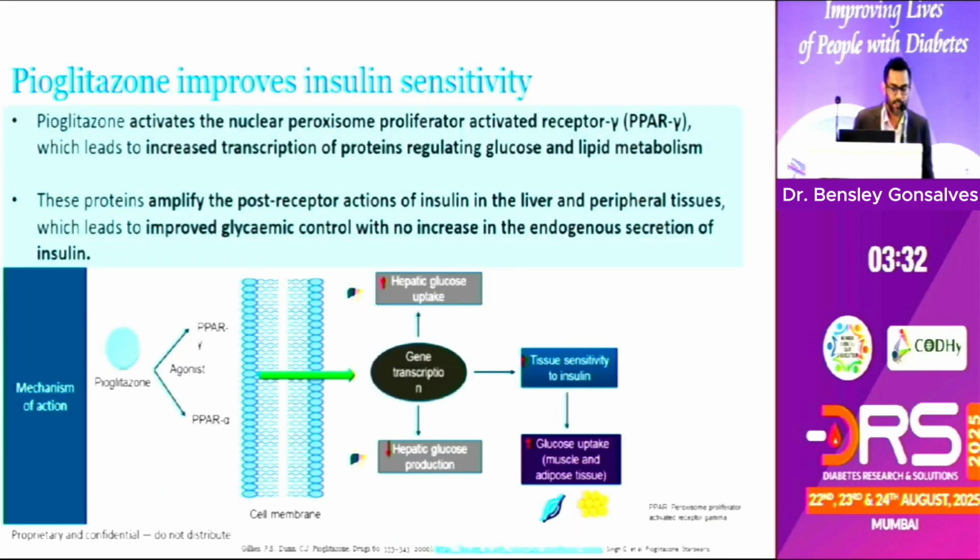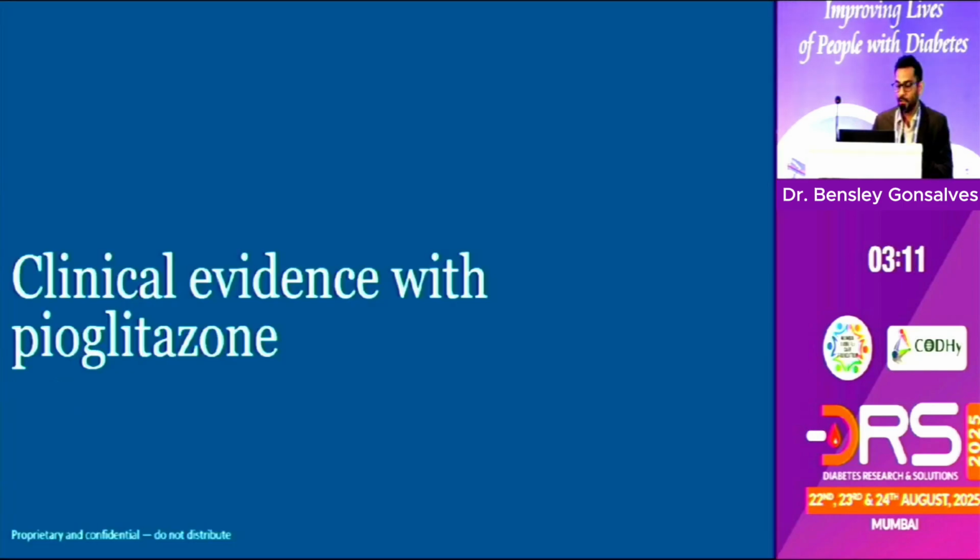So the basic mechanism of action is it agonizes the PPAR gamma and to some extent alpha, whereby there is gene transcription which causes increased hepatic glucose uptake, decreased glucose production, and thereby improving the tissue sensitivity to insulin.